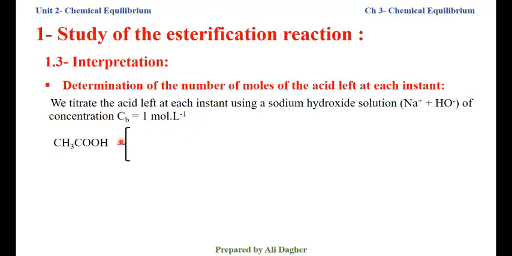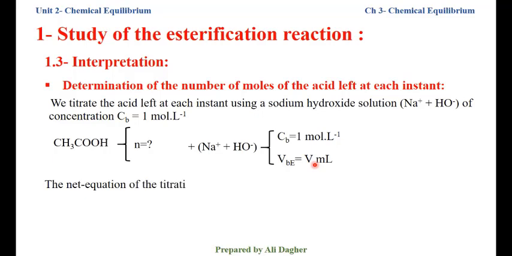Given the acid CH3COOH, we need to determine its number of moles at each instant, and we titrate it using sodium hydroxide solution of concentration Cb equal 1 mole per liter, and the volume of base added at equivalence equal VBE milliliter. According to the titration, we obtain VBE.